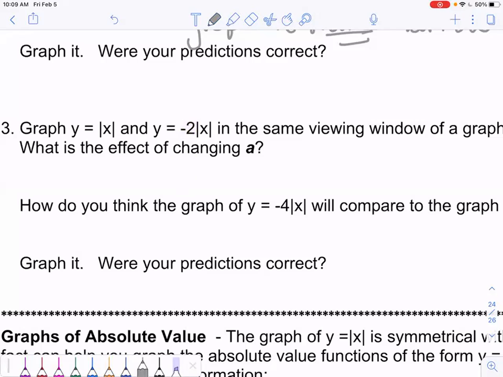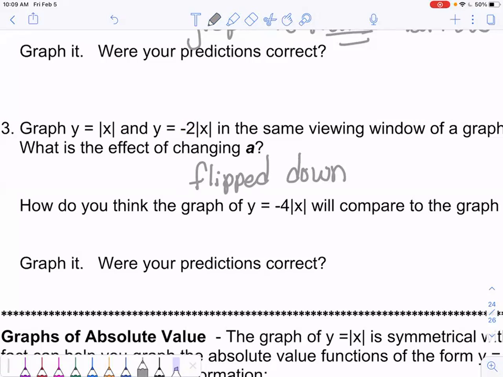So I will say that it flipped down, or flipped upside down, however you want to say that. Reflected is the math word that we would say. It reflected downward.